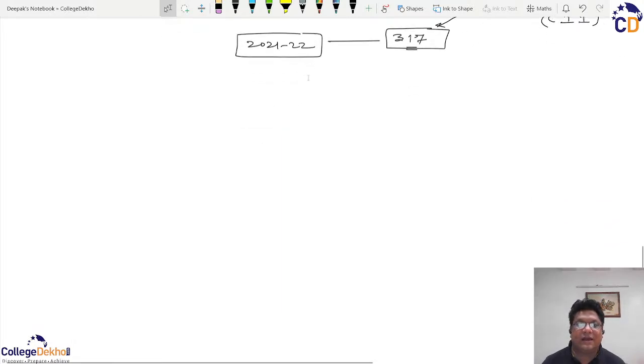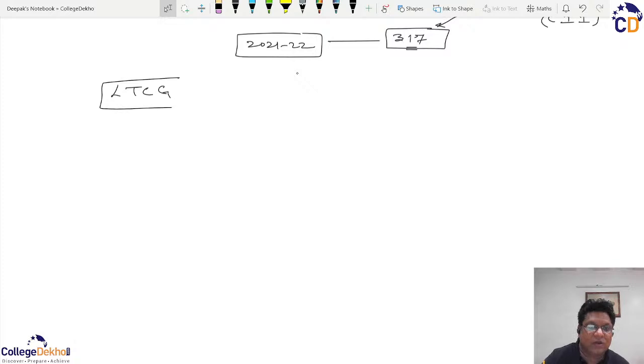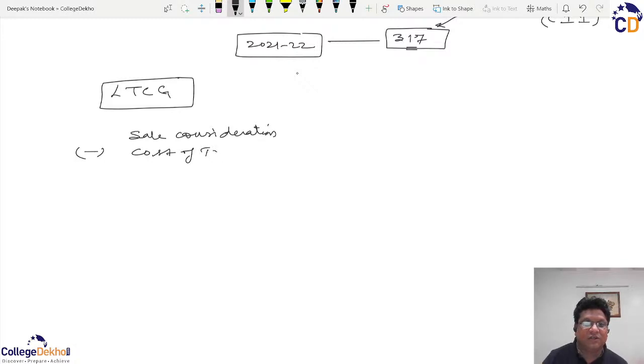So what the Act has done is that to calculate long-term capital gains, we will take the sale consideration, and out of this sale consideration we will deduct the cost of transfer as shown earlier, and we will arrive at the figure of net sale consideration.